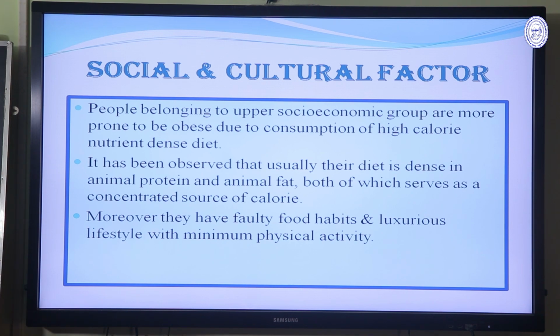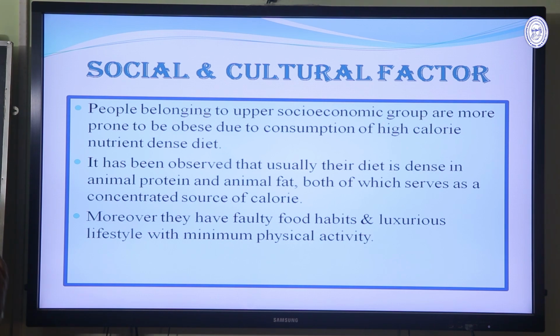Some social and cultural factors are also there that are causing obesity again. People belonging to the upper socio-income and high purchasing capacity group are more prone to be obese because of their high calorie nutrient dense diet.